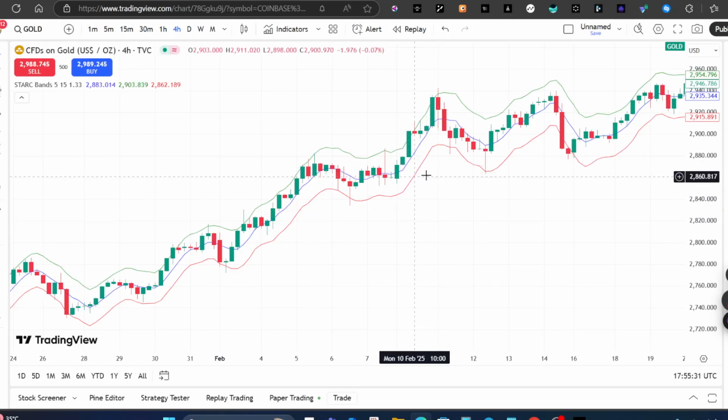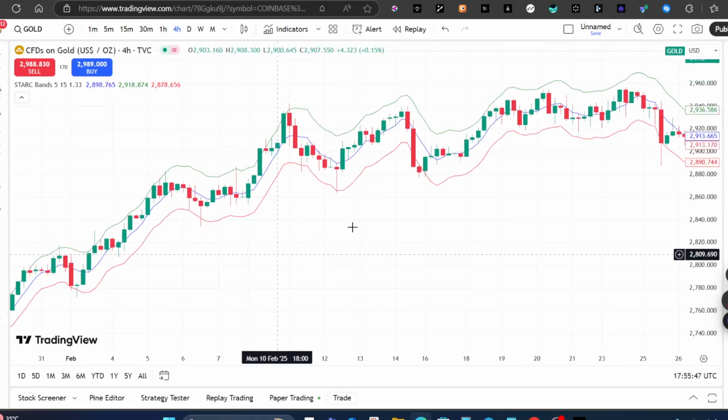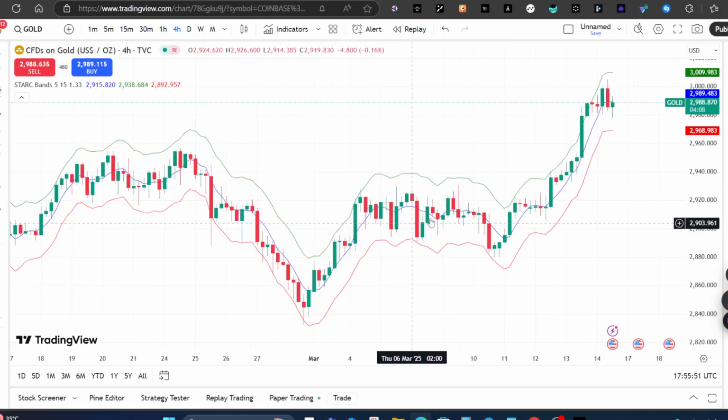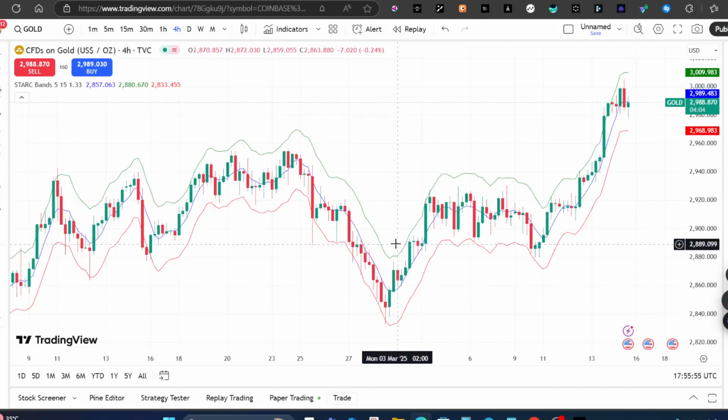The bands themselves consist of an upper band, a lower band, and a middle band, which is typically a simple moving average, just like in Bollinger bands. But the width of the band adjusts automatically depending on the volatility. When volatility increases, the bands expand.